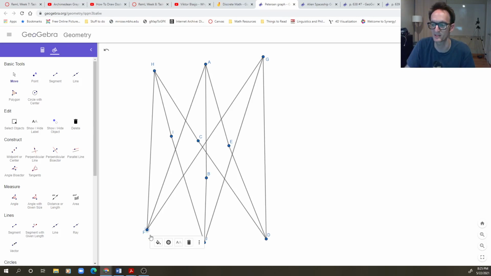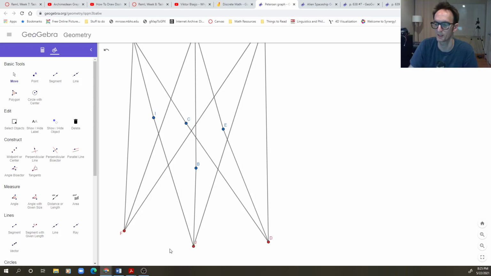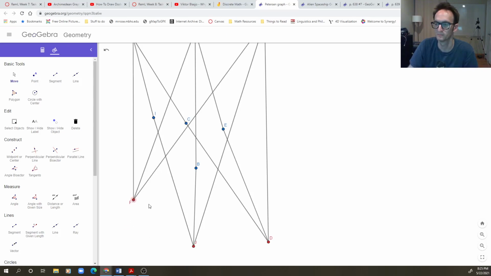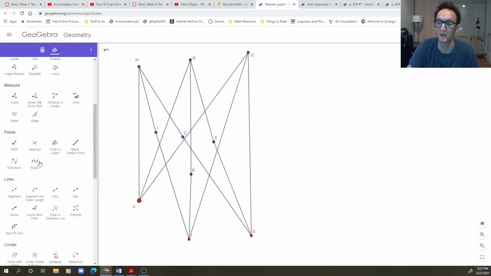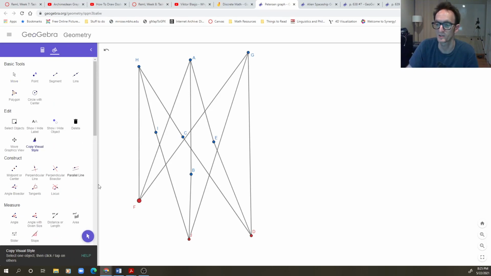Oh yeah, watch. I remember how this goes. I'm gonna make this beautiful. Let these three be red, because that's kind of what it means to be bipartite, that the vertices are colorable. And also, I feel like they should be bigger. So, okay, at the risk of wasting your time, let's do this.